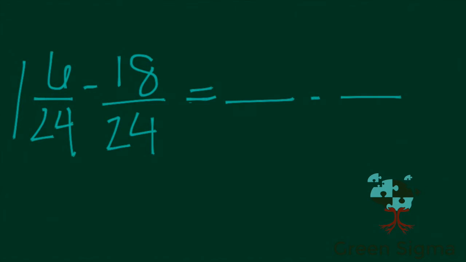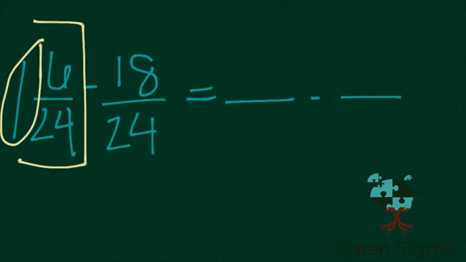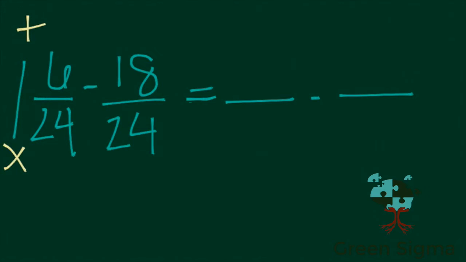Okay. So what we're going to do now is, because we have this 1 in the front, this is a lifesaver for us. As you can tell clearly that this is a mixed number. We need to change this fraction into an improper fraction. And we can do this by first multiplying these two and adding these two. 24 times 1 is 24, plus 6 is 30.